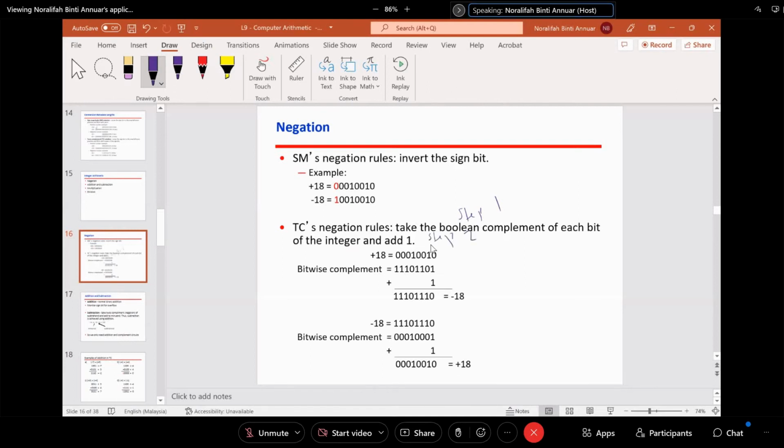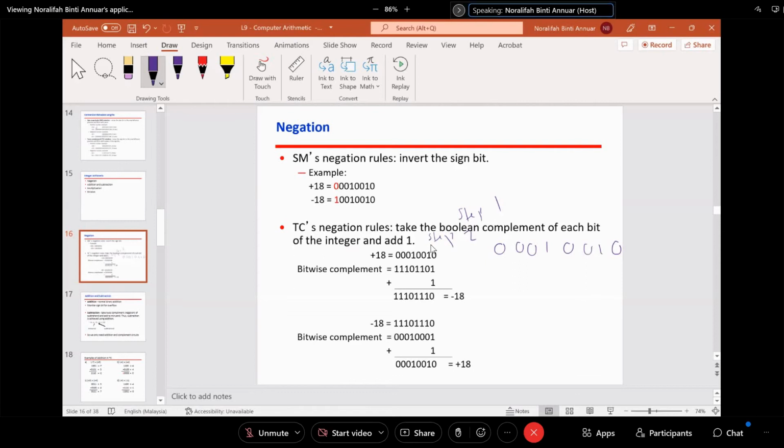How to get negative 18? First, this is the value of 18 in positive magnitude, 0001, 0010, and so on. Then you invert the bit, so you do the NOT operation: if it is 0 it becomes 1.